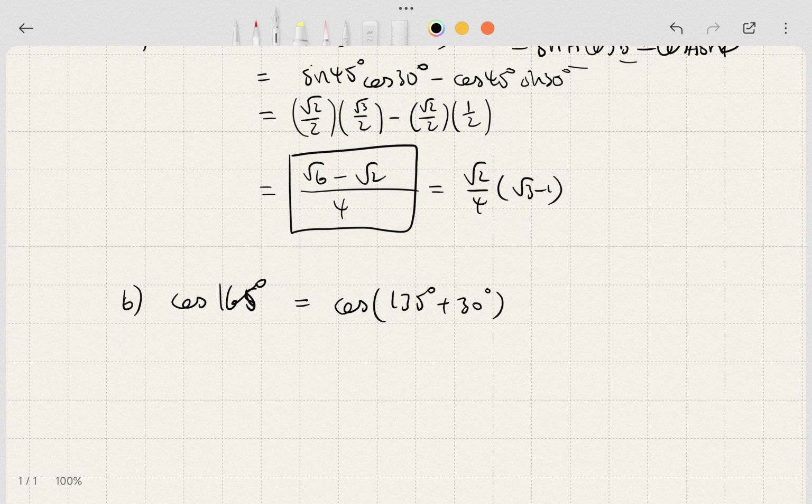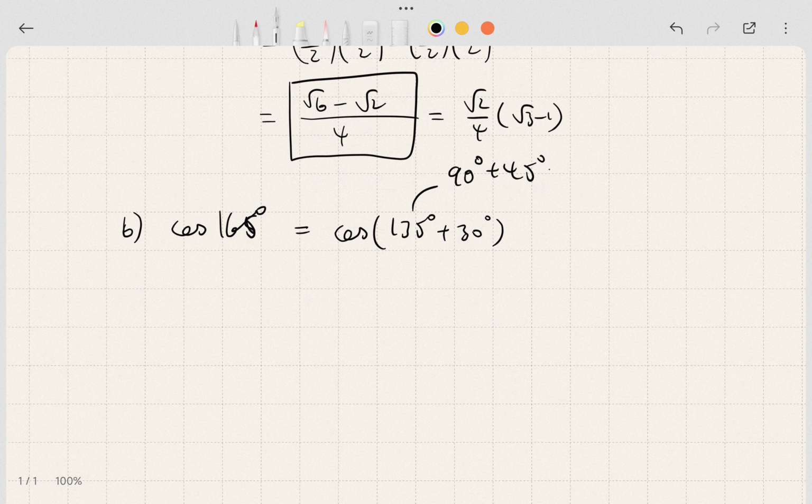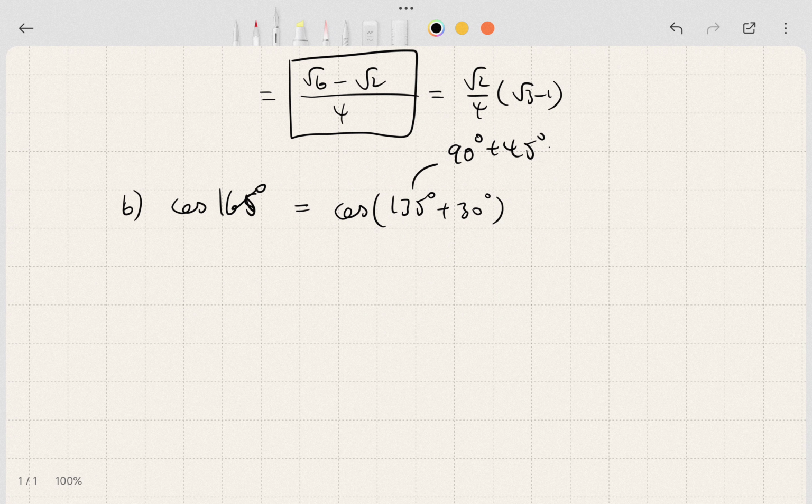Why 135? Well, 135 is 90 degrees plus 45 degrees. So we have the identity that cos A plus or minus B is equal to cos A cos B minus or plus sine A sine B.